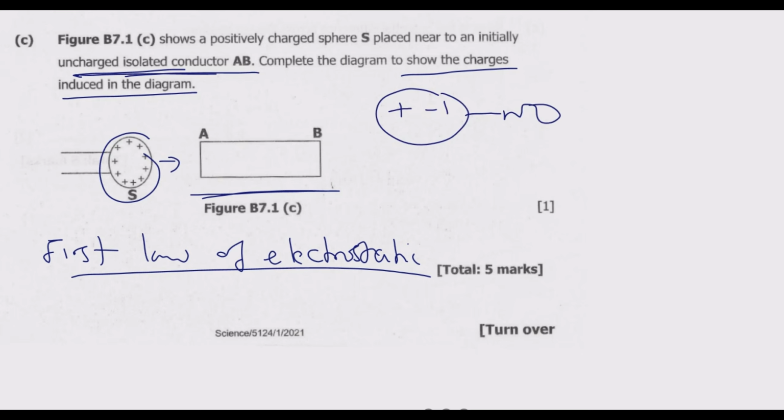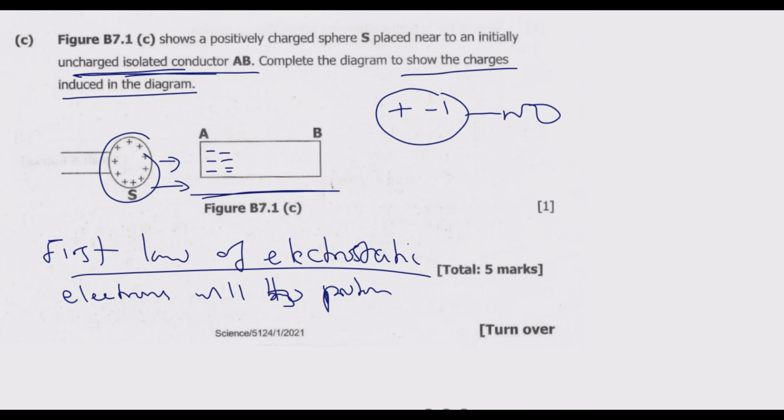So once the positive sphere is brought near, the electrons will be attracted to the protons, which are the positives. So the positive charge will attract the negative charge, so these will be negative charges.